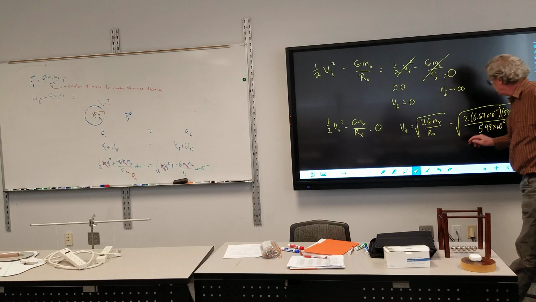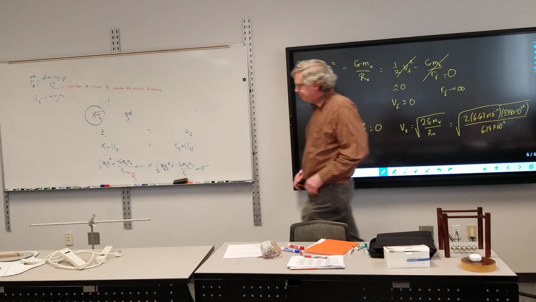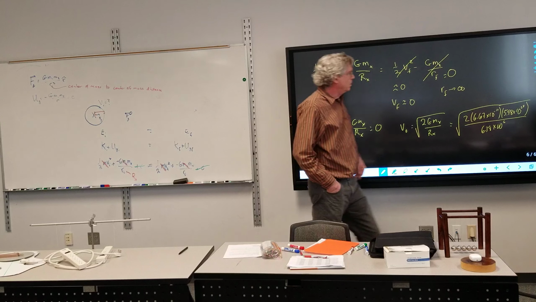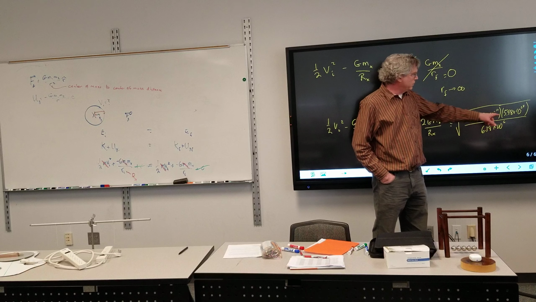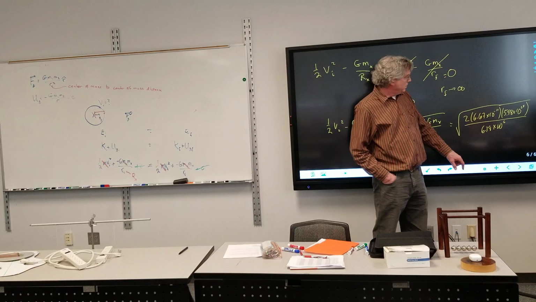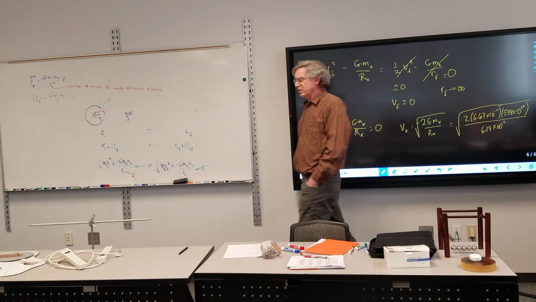This is 6.38 times 10 to the 6th. If someone would be kind enough, was that the 5.98 times 10 to the 24th? This is 5.98 times 10 to the 24th. That's the mass of the Earth. And that's negative 11, the next one. That's a negative 11. That's from the gravitational constant.